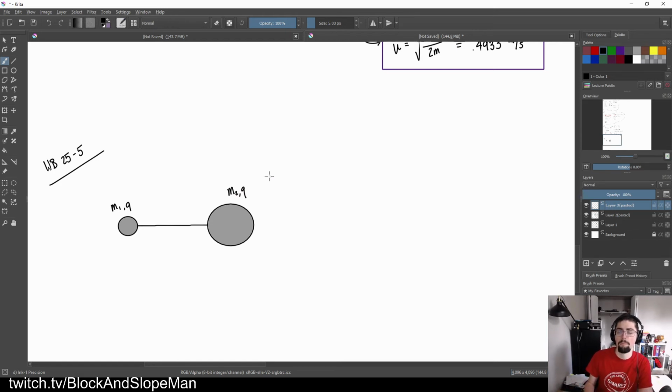No surprises there. So part A is asking us to find the energy of this system. There is no kinetic energy because both of these things are at rest. So all of the energy is electric potential energy. There is only one pair that we actually have here, so this is going to be K Q1 Q2 over R. And R, we are told, is 5 centimeters.